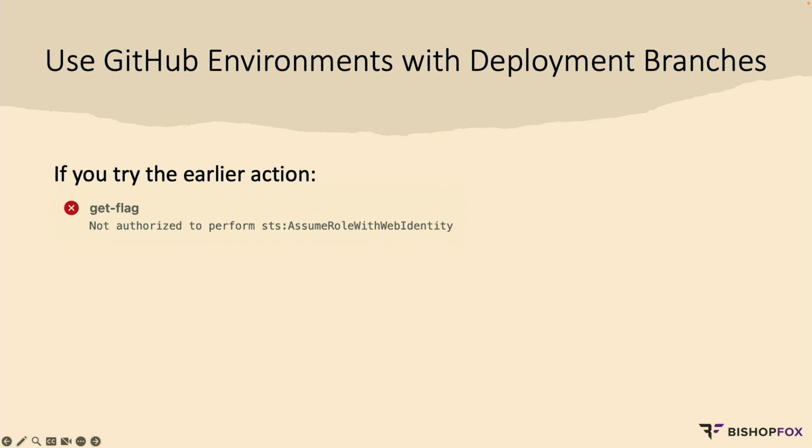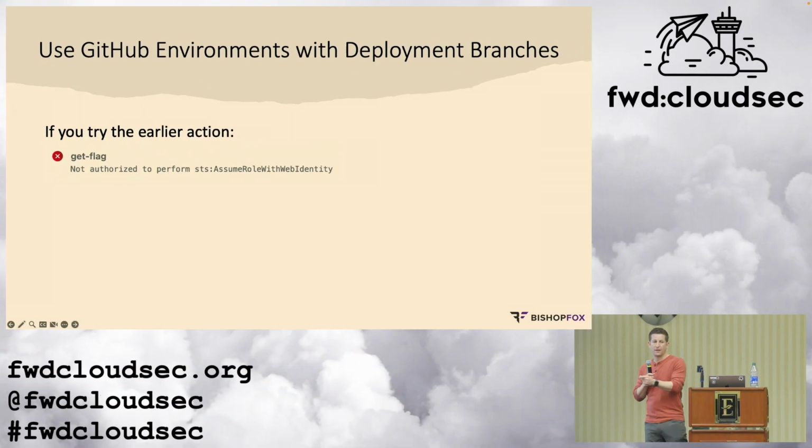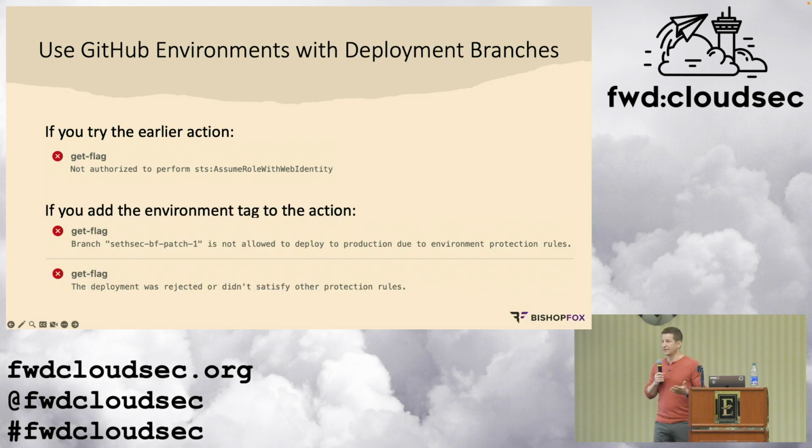We're not authorized to perform STS assume role with web identity. That's because the role now needs the claim environment production, and it doesn't have that, right? We're executing without the environment production. Now, if the attacker was trying to be sneaky and they added in the GitHub action itself, they added environment production, then what would happen was they would get this error that they were rejected.